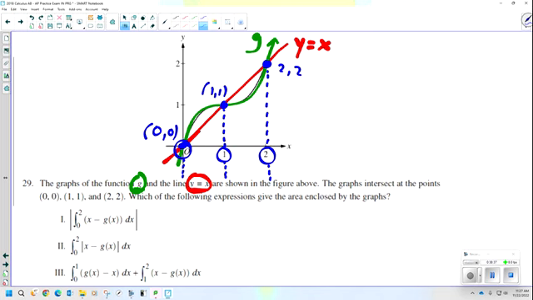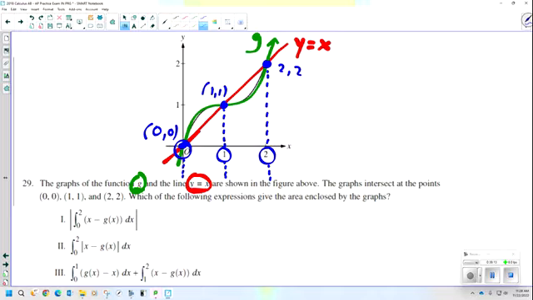All right. So first of all, I'm looking at the following. All of my integrations are from 0 to 2. For number 1, it says the absolute value of x minus g of x from 0 to 2.